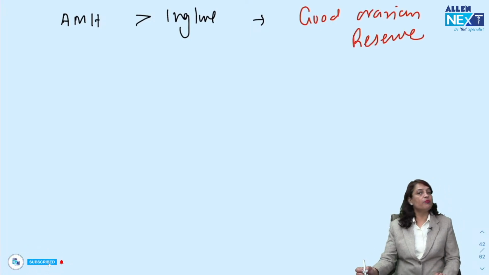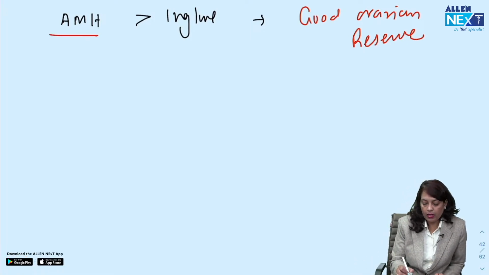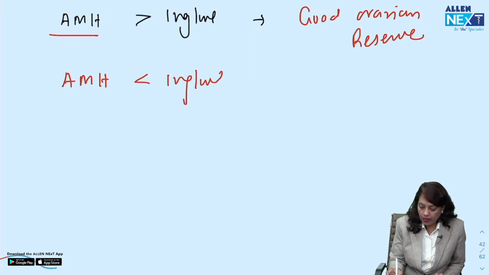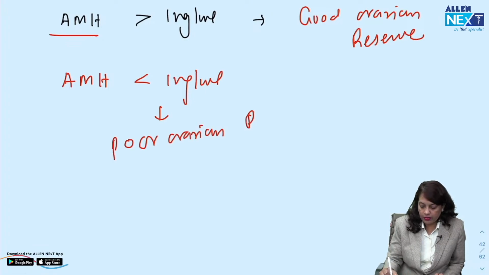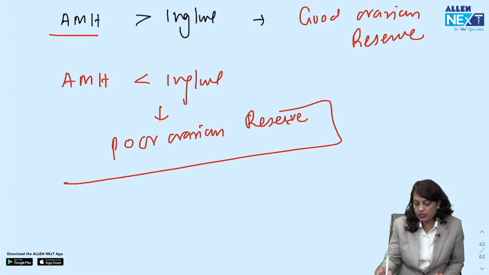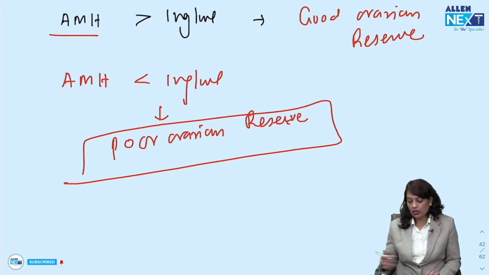Ovarian reserve means number of follicles in the ovary. AMH less than 1 nanogram is poor ovarian reserve. So in infertility investigations, AMH is also done and normal value is more than 1 nanogram.